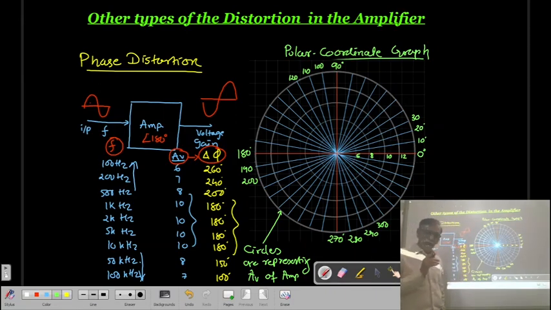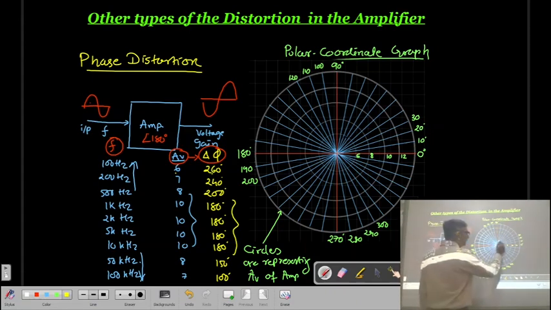Now how to draw this graph? First of all, you have to see when the gain is 6, what is the phase difference? 260 degree. So where is the circle for the gain of 6? This is the circle for the gain of 6. And where is the 260 degree? Here we have 260 degree and this is the circle for 6.